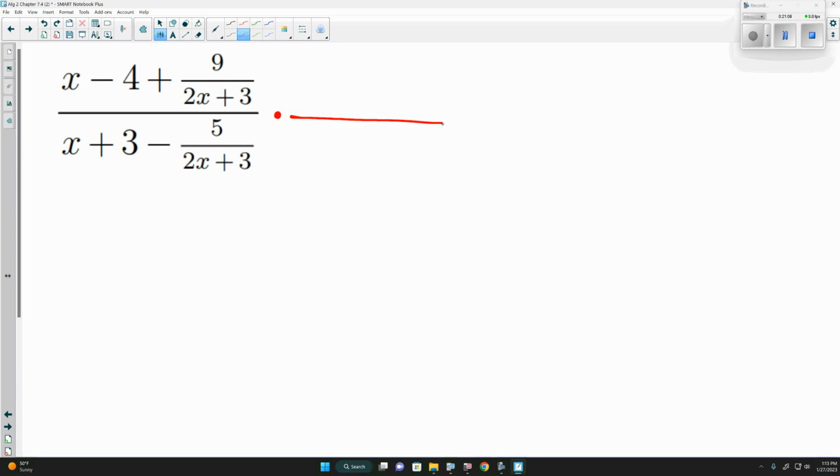Because in top and bottom, on top, how many fractions do we have in the numerator? 1. Yes? How many do we have in the denominator? So what would we need to multiply top and bottom to get that one fraction to go away?